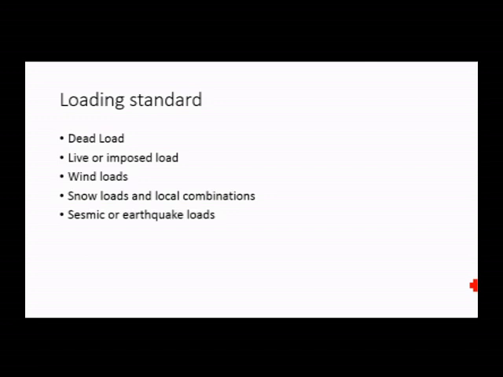And standard loading conditions. What are the different types of load which have to be considered while designing any kind of structural elements? The design of reinforced concrete structural elements requires a knowledge of various types of load which act on a member.